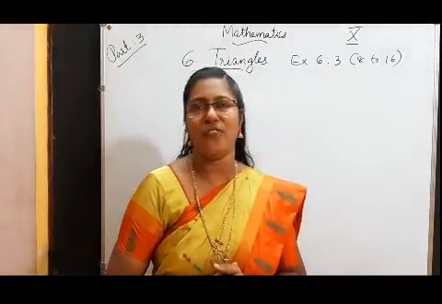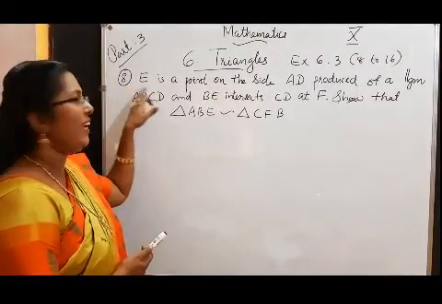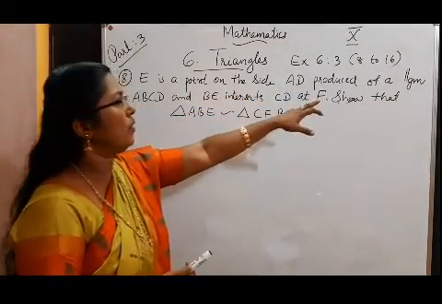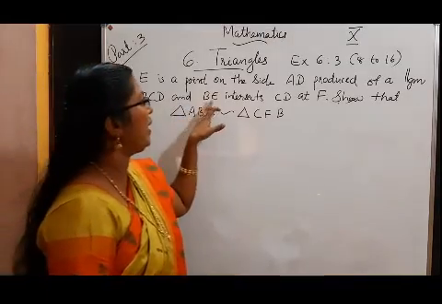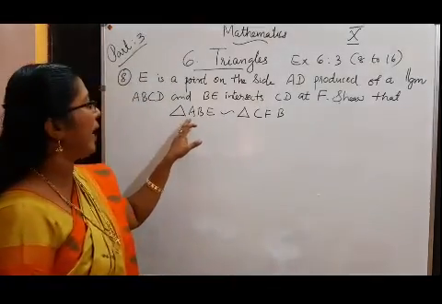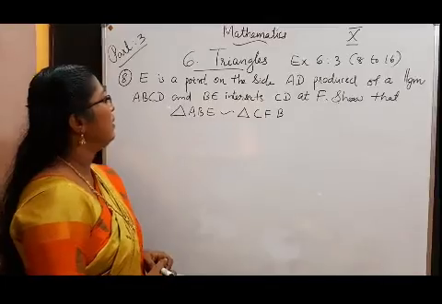Question 8. E is a point on the side AD produced of a parallelogram ABCD and BE intersects CD at F. Show that triangle ABE is similar to triangle CFB.